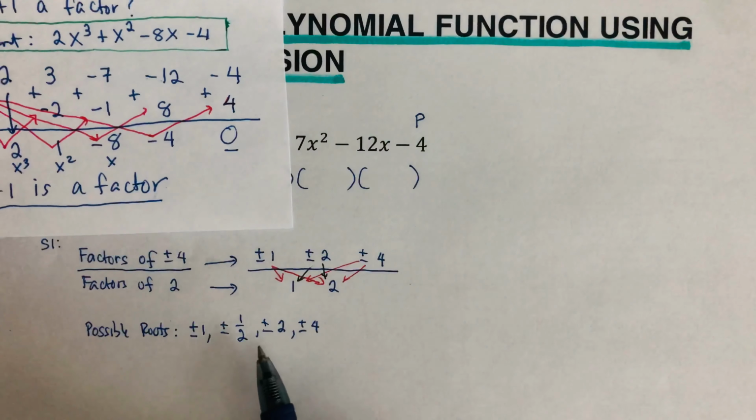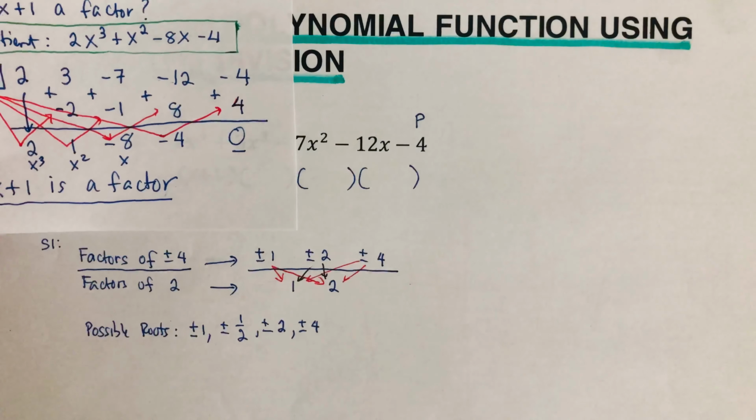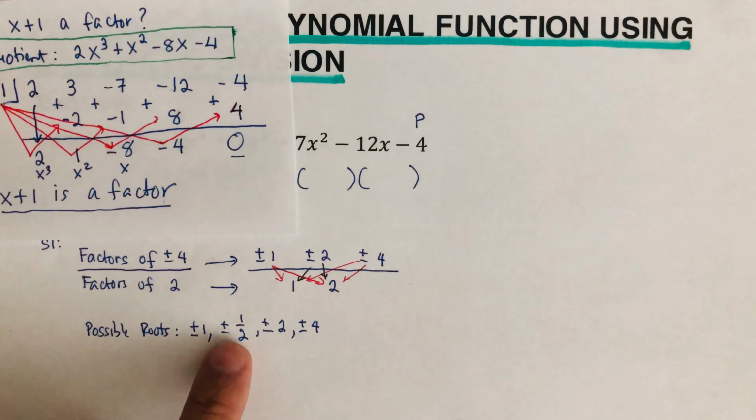Now we are going to move on to x plus 2. Is it a factor? Again, we skip the fraction first, we do all the whole numbers. So I'm just gonna write it up here. In order to do this, we are going to use again this coefficient right here.